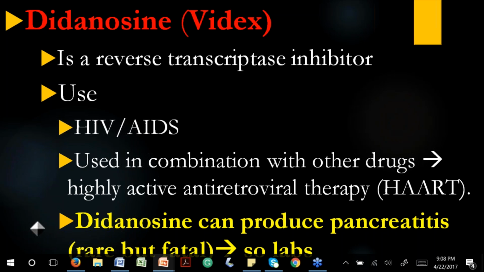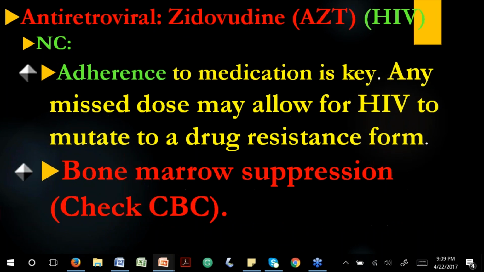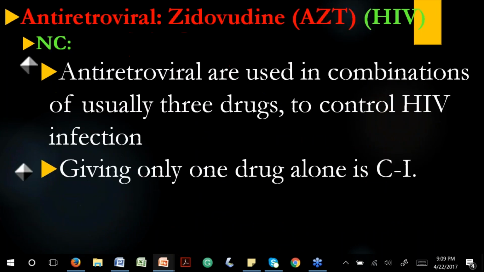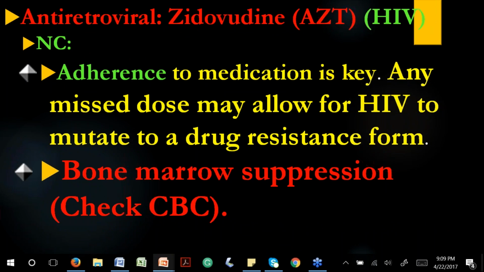Didanosine is going to be another drug for HIV, and didanosine in addition can lead into pancreatitis. So far, for antiretrovirals, first of all there is adherence. Second, you need to keep in mind bone marrow suppression: risk for infection, risk for bleeding, risk for anemia.